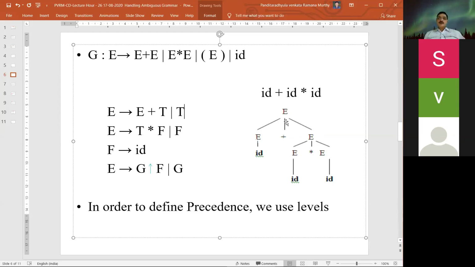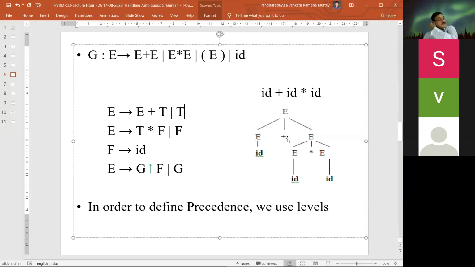And also, you can do the plus operation if and only if you know the result of this particular E. If you want to get the result of this particular E, you need to perform this operation first. So if and only if you complete the multiplication operation, then only you can come to the plus operation.